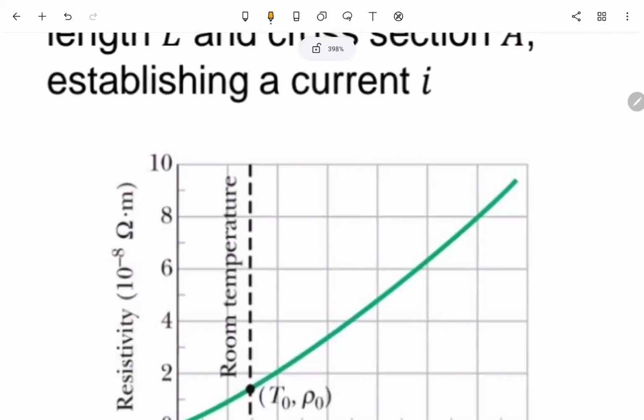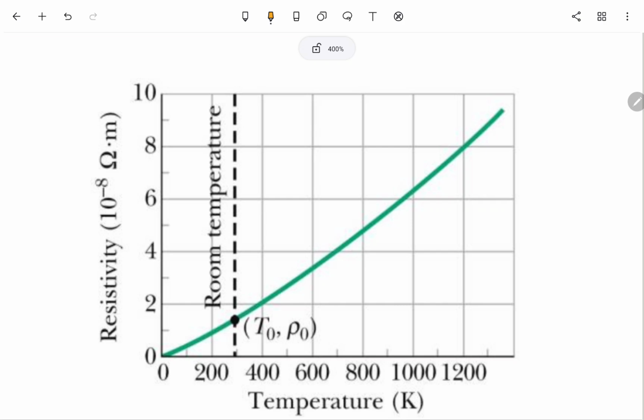Because you can see here, this line is not actually a straight line. So if you model this as a straight line, it depends on which point you are using. Let's say if you are using this point, the line will be something like this, or maybe a tangent line. I don't draw it very well, but maybe something like this.